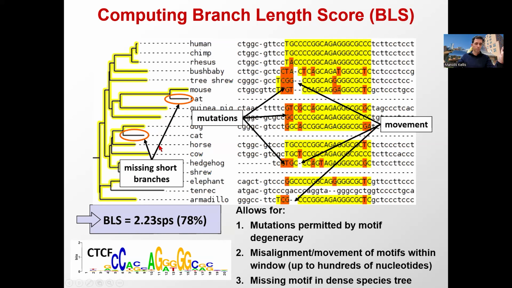And we also want to not worry so much about short branches where the additional information provided by these short branches is relatively smaller. But if I see a long branch, that basically tells me that that's much more likely to be real, whereas conservation in a short branch is not as informative because there just hasn't been enough mutation.